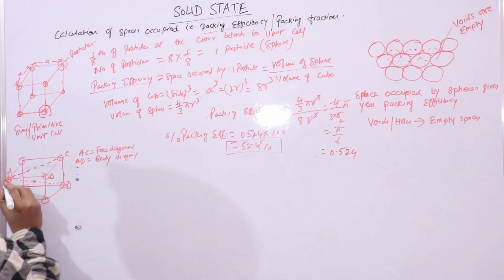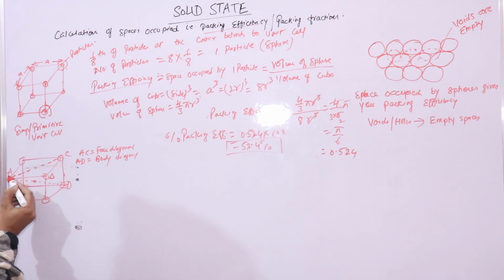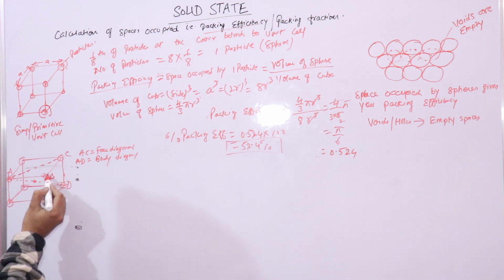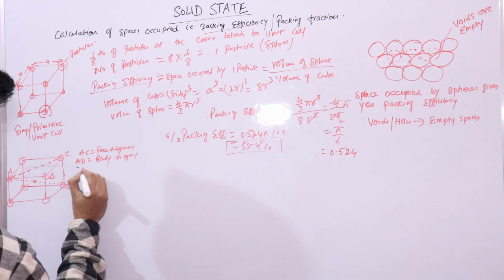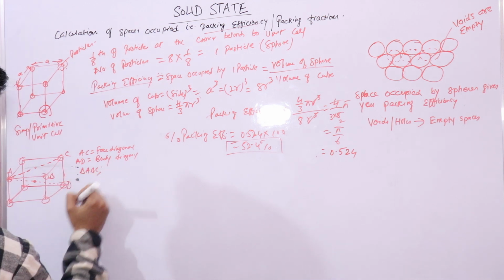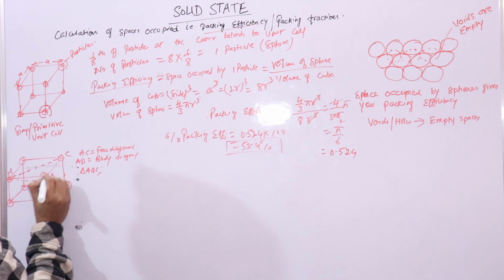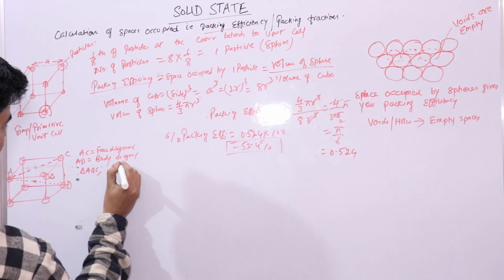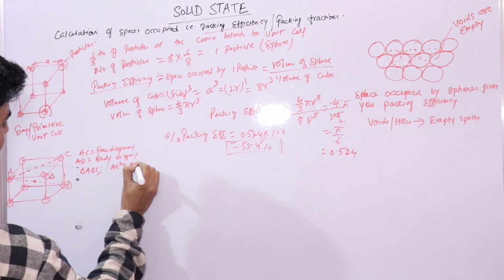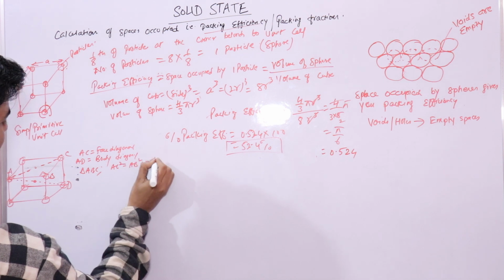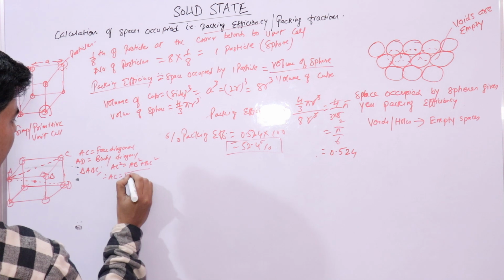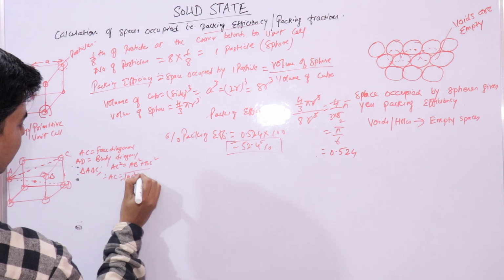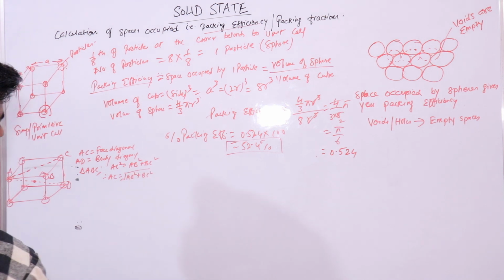So to find this face diagonal AC, we will consider this triangle ABC. In triangle ABC, this is a right angle triangle, so we have AC square is equal to AB square plus BC square. Therefore AC is equal to under root AB square plus BC square, right?